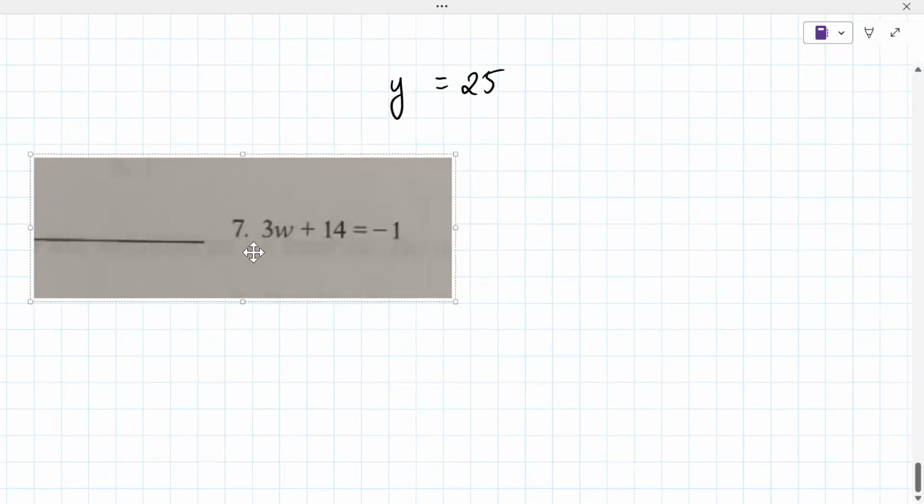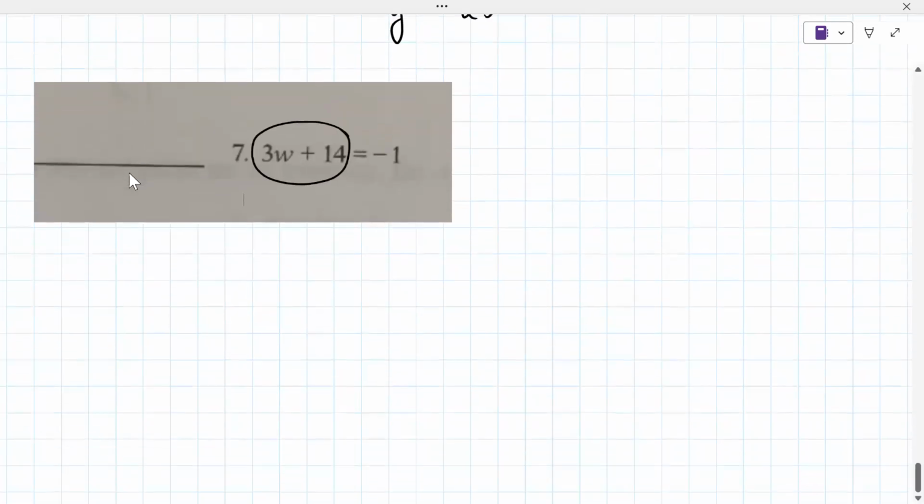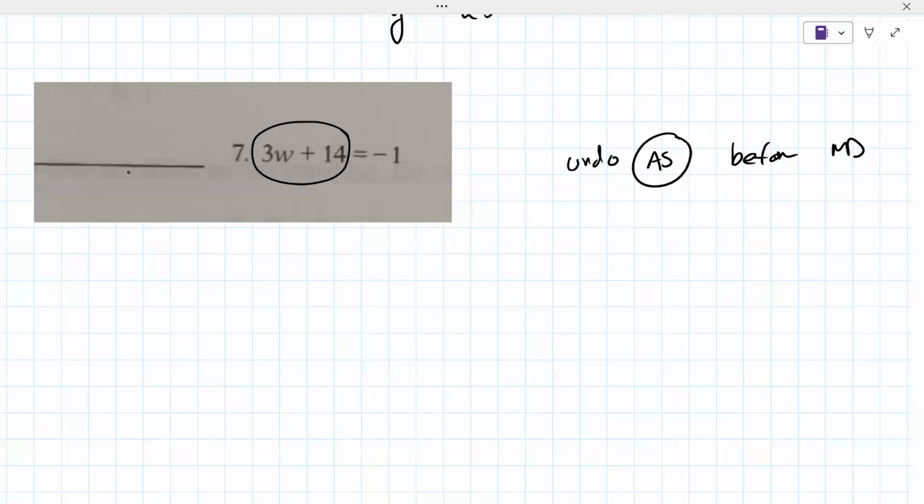All right. So you again look at the side with the variable. You have multiplication by 3 and addition of 14. You always undo addition and subtraction before multiplication and division. We would subtract 14. Agreed?